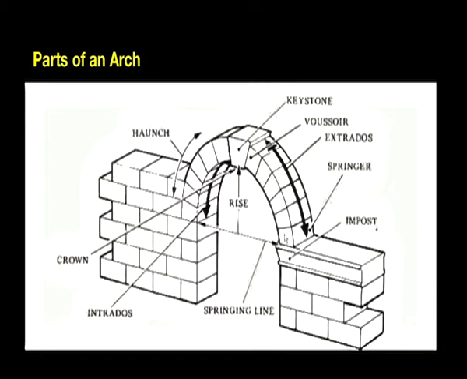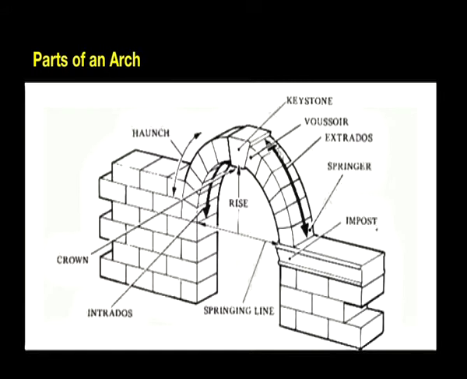The other stones which are kept on top of the springer stones are called voussoirs. The stones on either side, this side and this side, both the sides, are called voussoirs. And the entire assembly of the stones from here till the near top area is called the haunch, whereas the stone which is placed right in the middle on top is called the keystone.